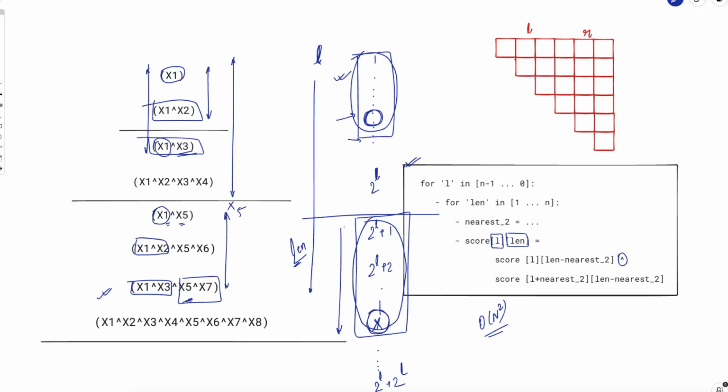And similarly, what is this? This is nothing but the same thing. If you have started here, let's say this is L, and you are looking for this length, that is something we would already have, because we are computing everything from backward, right? So we already have this, and we computed this just a while ago.